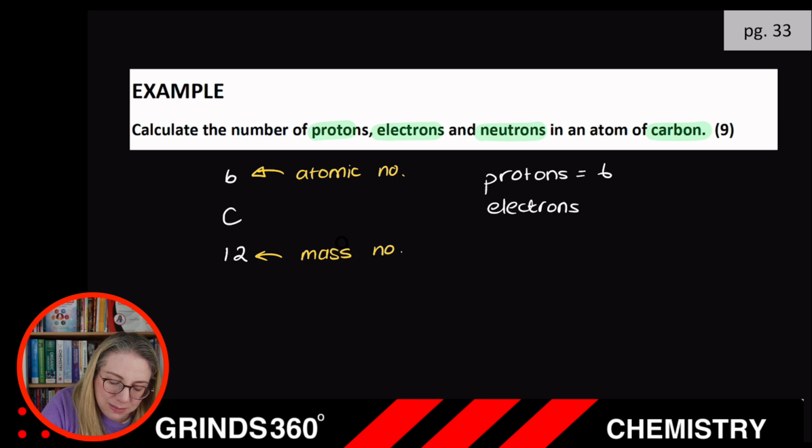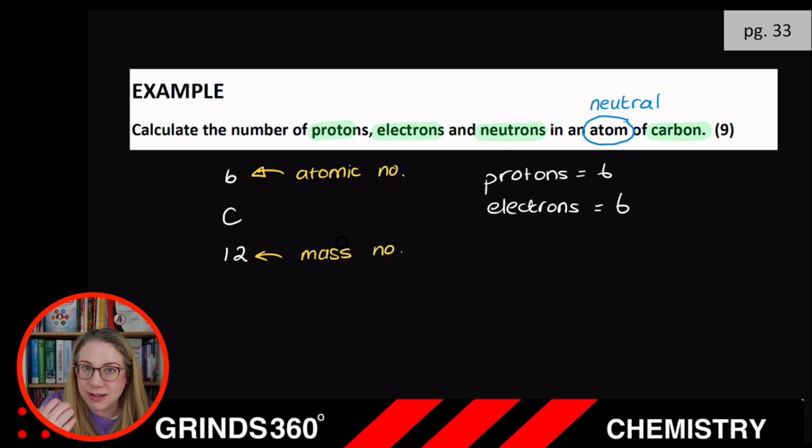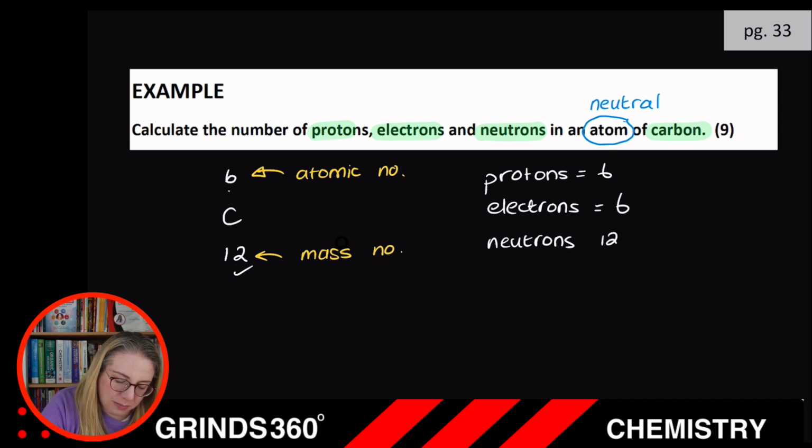Electrons will be the same as the number of protons, which will be 6. And how do we know that? When you see that word asked in the exam, atoms are neutral. So you have to have the same number of positives and negatives. If you have 6 protons, 6 positives, you have to have 6 negatives as well. So 6 electrons. Then for my number of neutrons, that is the big number, 12, minus the little number, which is 6. That gives me 6 neutrons. And you get 3 marks for each of those.